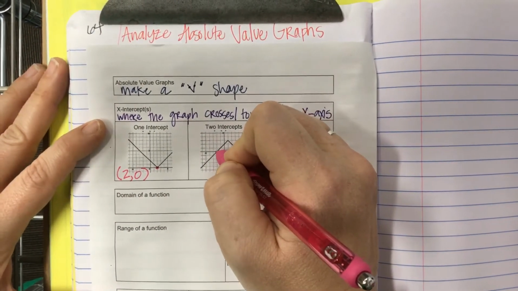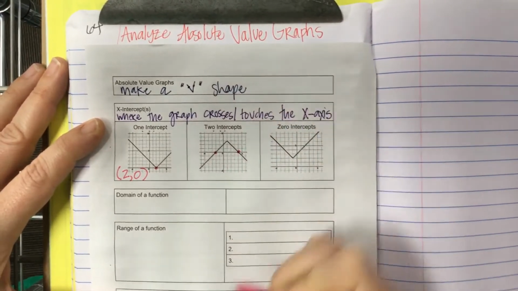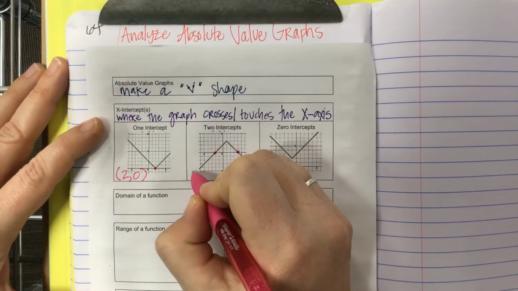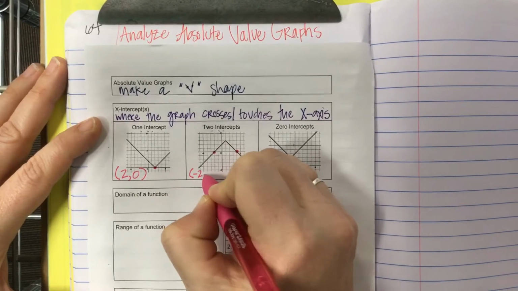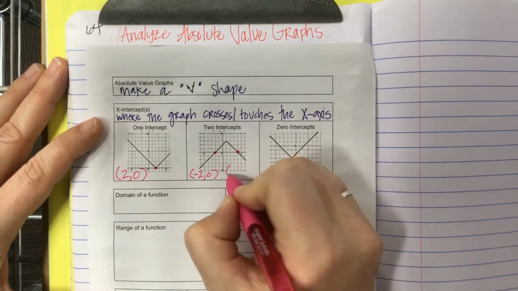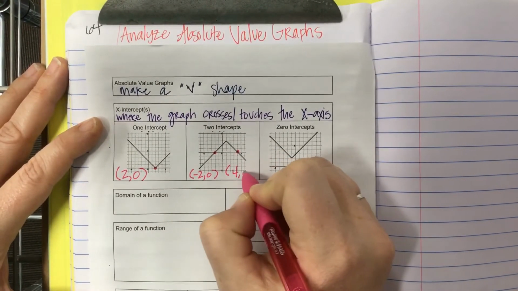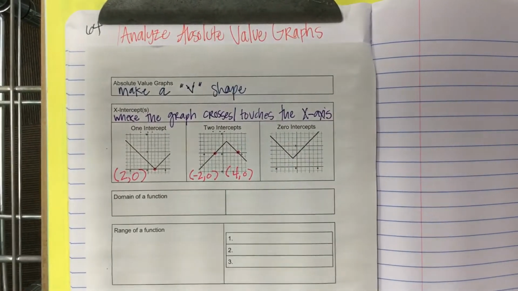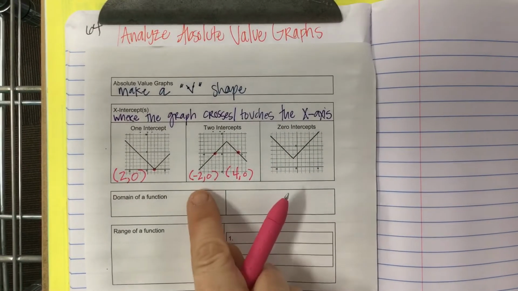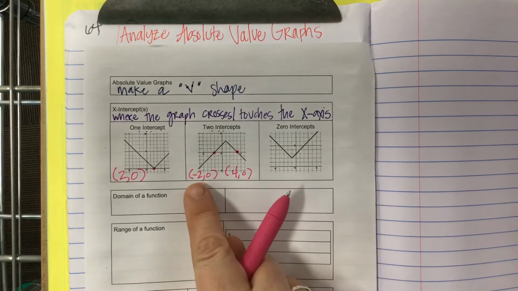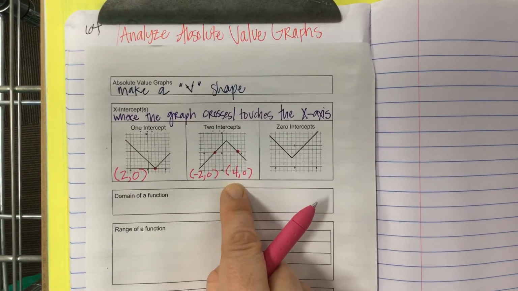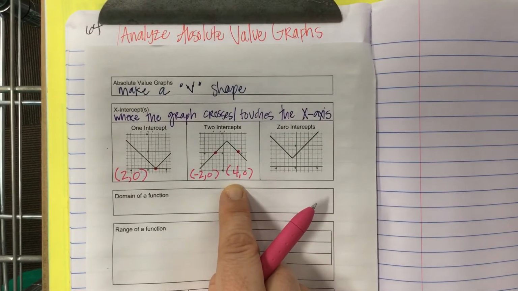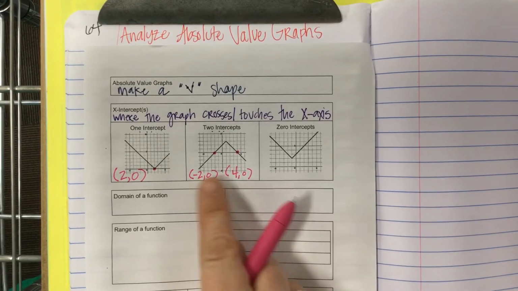In this one, where there are two intercepts, we have -2, 0, and 4, 0. So when you substitute these values in for the x in the absolute value function, you get 0 as your answer.